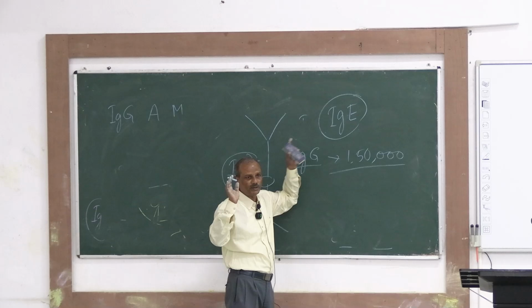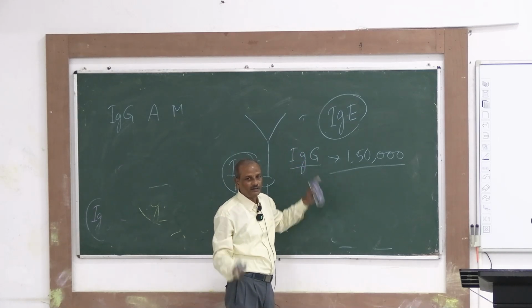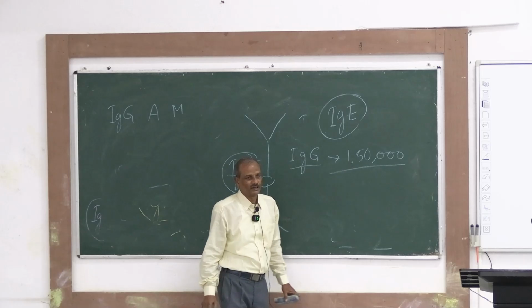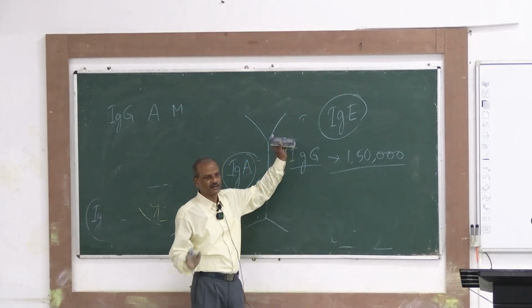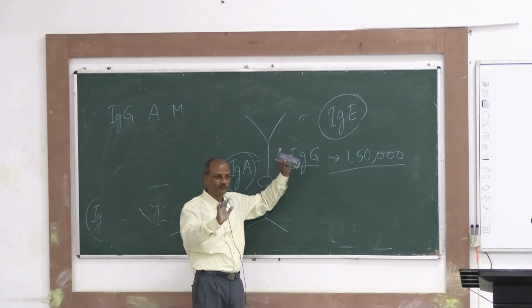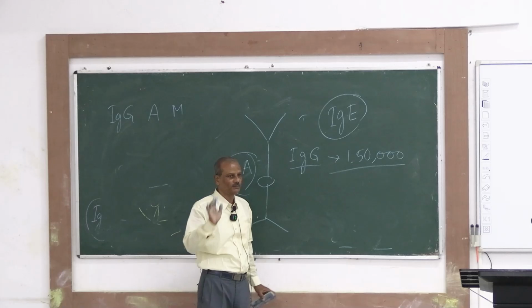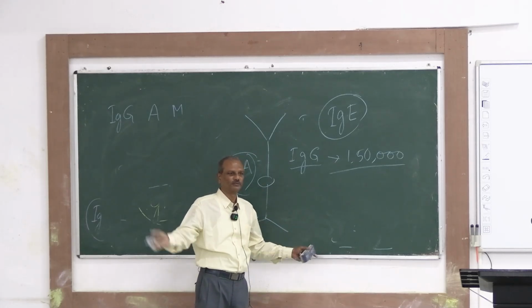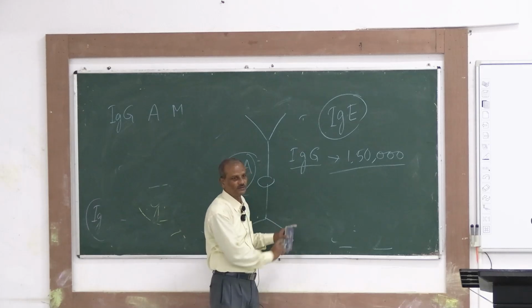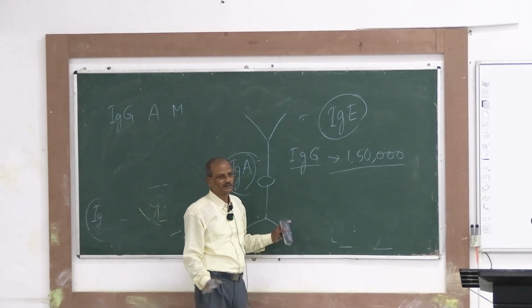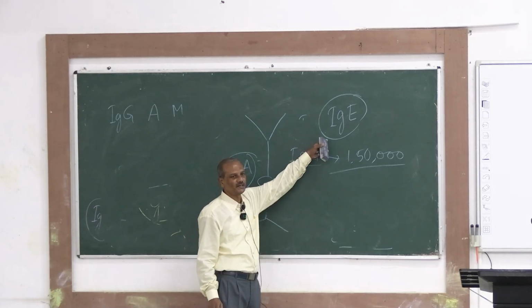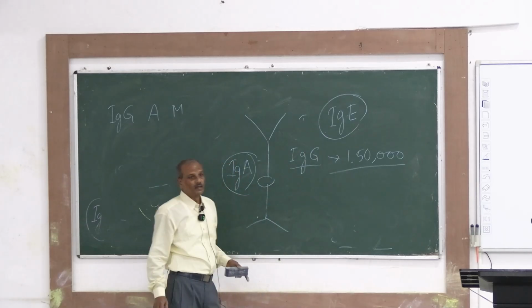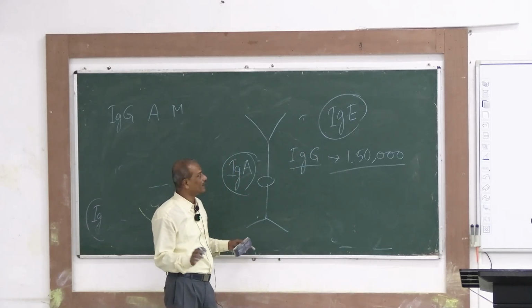Now, those who are suffering from allergy, the first investigation done is to measure the level of IgE. A high level of IgE indicates the complaint is basically due to allergy. Now, you have to give the treatment and you have to follow up whether this level has decreased or not. This IgE is basically released from the mast cell and it is concerned with the allergic reaction.